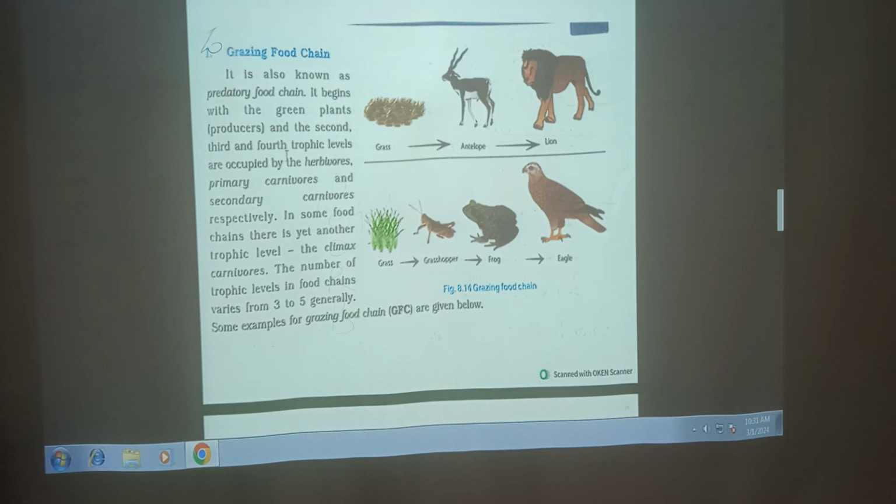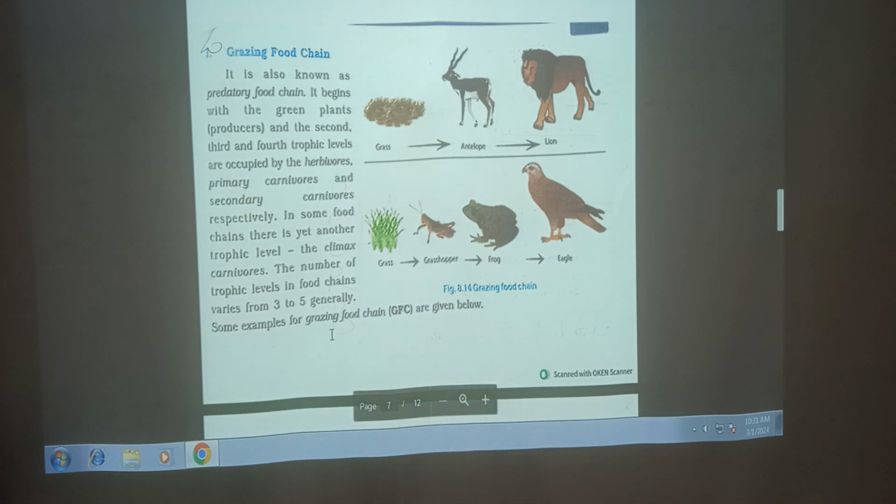The second, third and fourth trophic levels are occupied by herbivores, primary carnivores, and secondary carnivores respectively. In some food chains there is yet another trophic level, the climax carnivores. The number of trophic levels in a food chain generally varies from three to five.